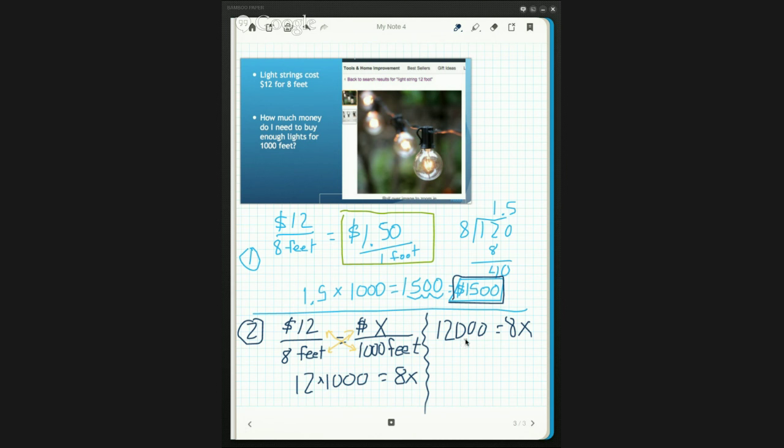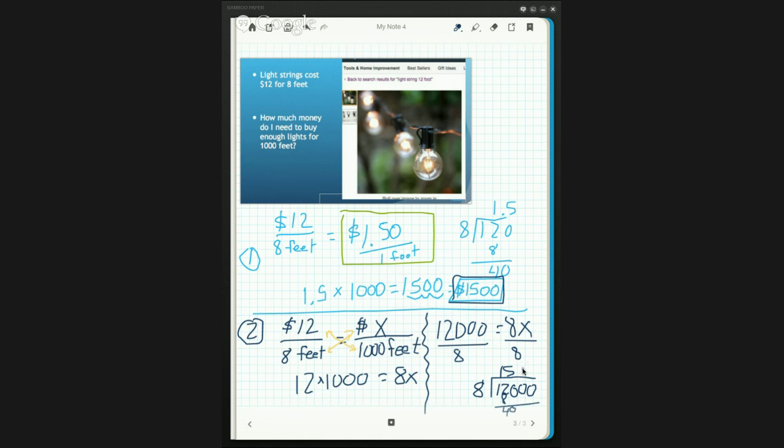To get back to just what x is, if 8 x's are 12,000, then 1x is 12,000 divided by 8. If we do our math and identify what 8 into 12,000 is, 8 into 12 is 1, times 8 is 8, leaving 4, then bring down the next digit to get 45.